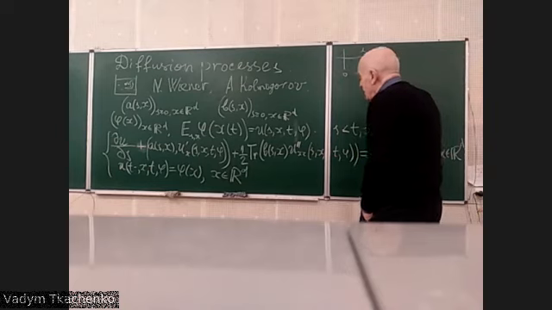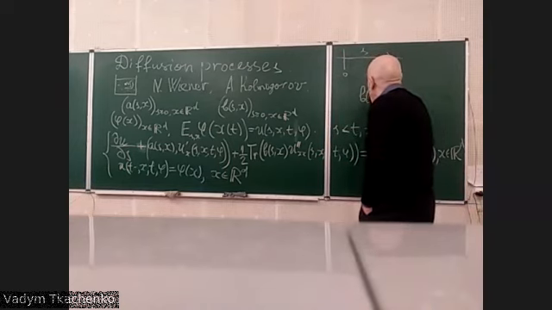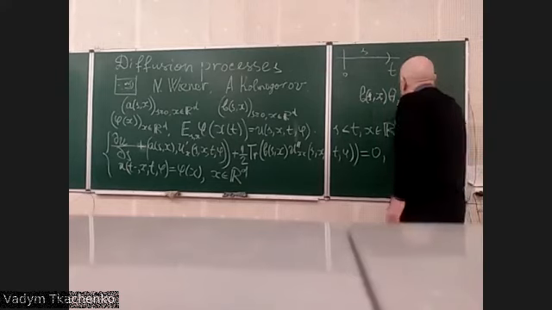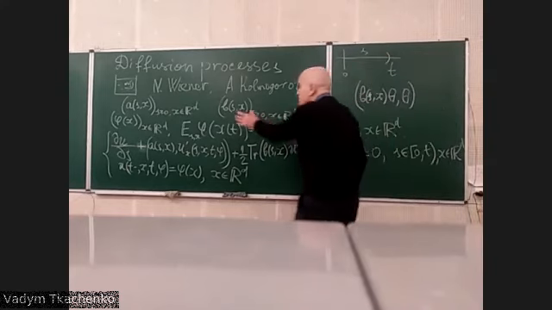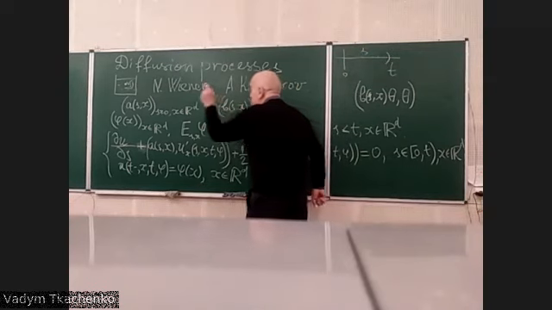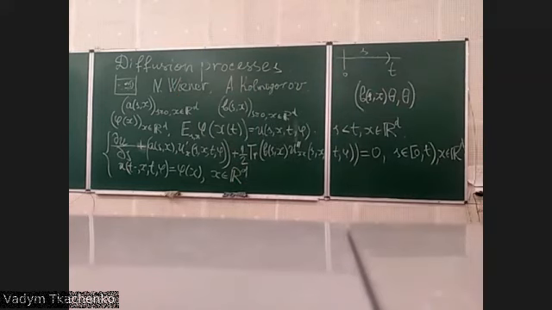And this equation is of parabolic type because b(s,x), according to its definition, which I would like to recall, is some local characteristic of the microscopic motion of our particle.